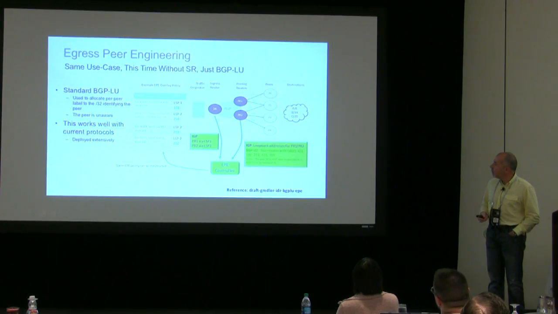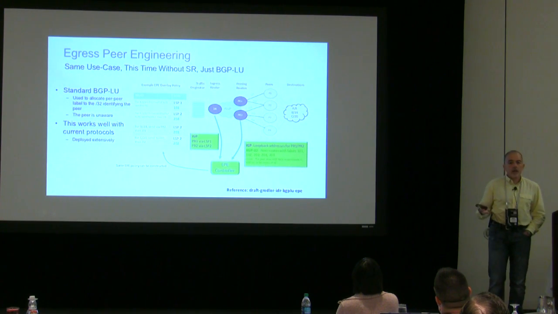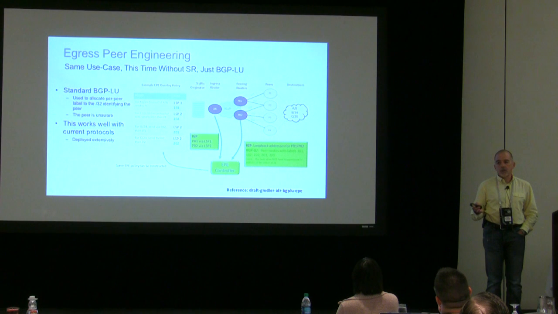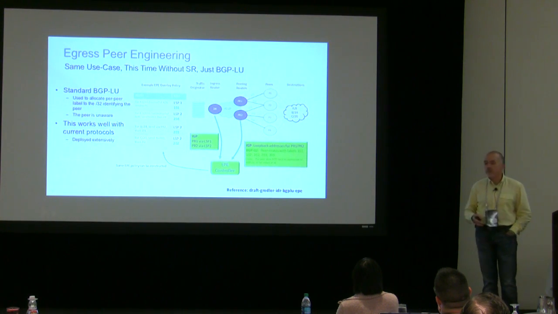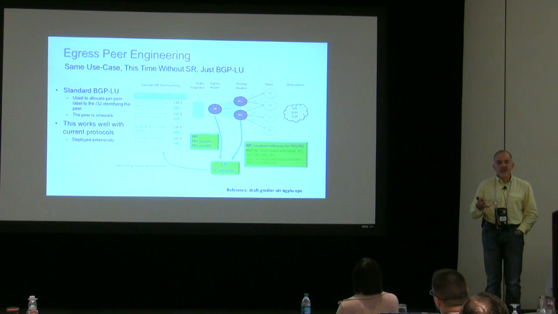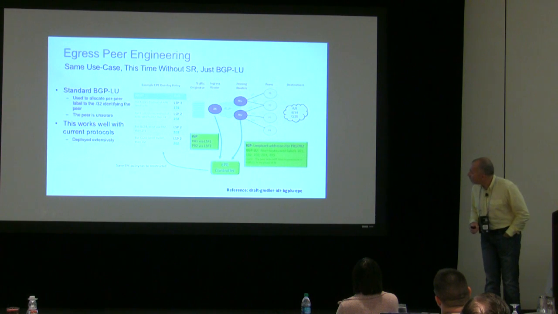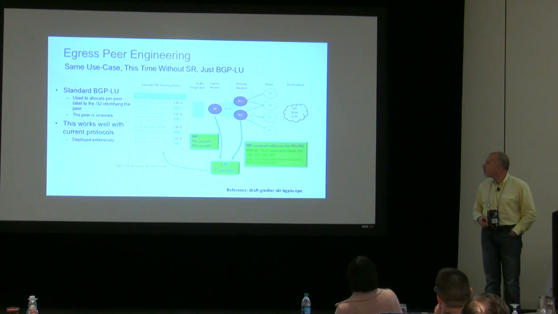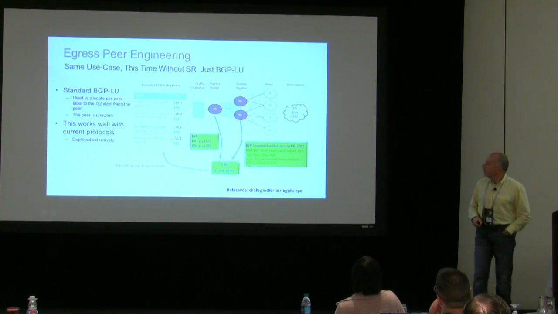And then you can achieve the same steering that you would with segment routing. In this case, for example, if you look at that table in the middle, my steering policy says I want to split routing for my segment. Let's say I have a prefix of 8/8. And let's say I want to split the traffic going to that /8. It's a big prefix. I'm going to split it going two ways.